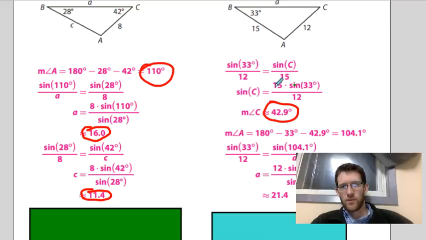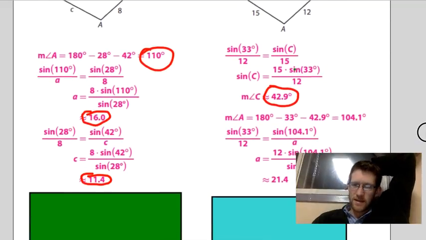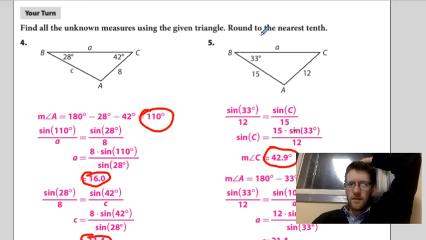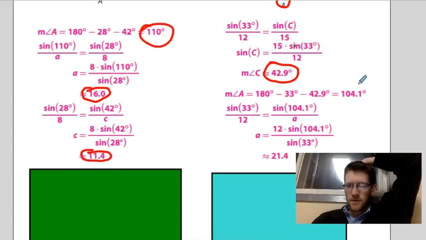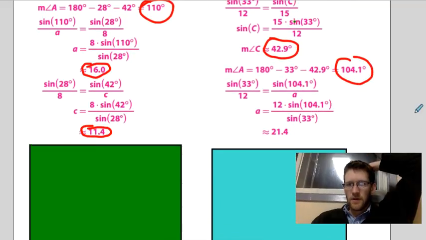If you need to, break it down into multiple steps, into decimal halfway through, that's fine too if you need to. It's a little less accurate though. Then once we find this angle, then it's pretty easy to find angle A. We can just do that using some good old subtraction. And then once we have angle A, we can use law of sines again to find side A. So side A comes out to 21.4.